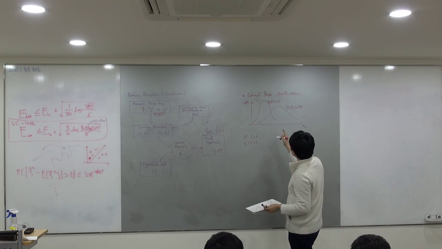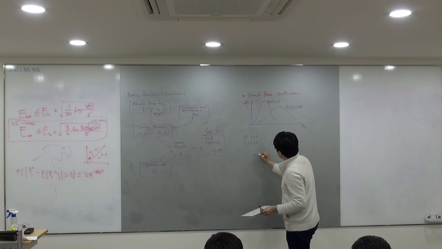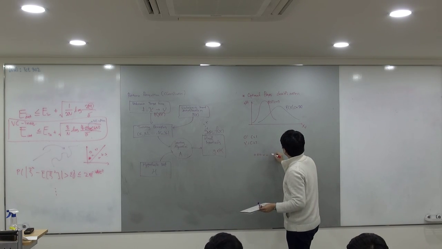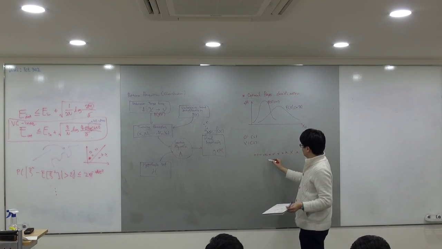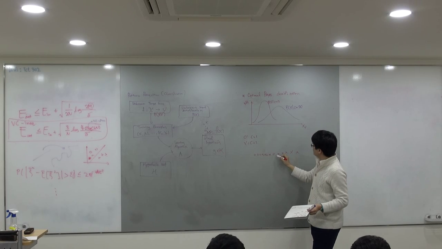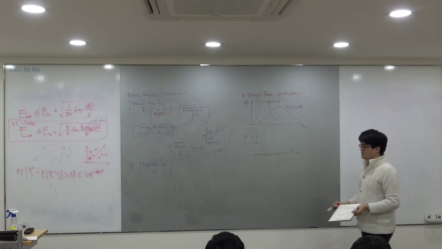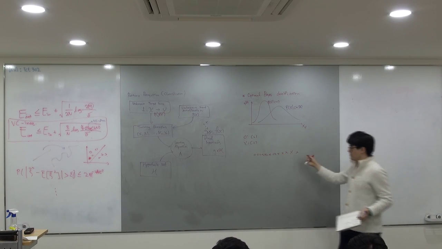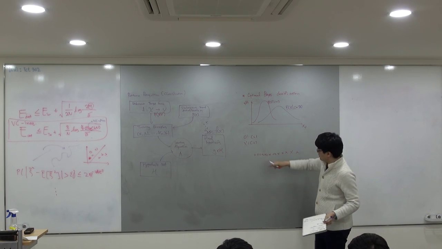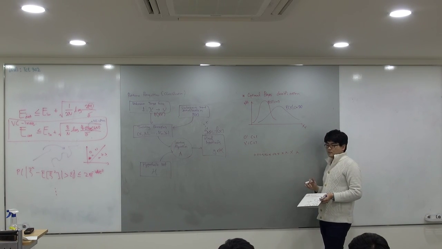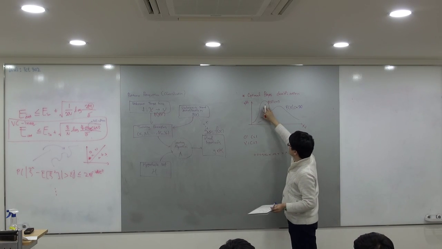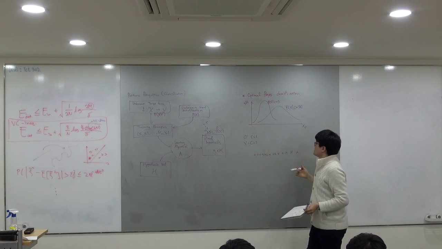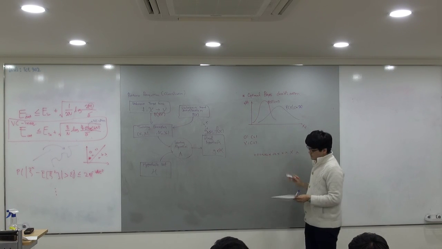Then you have this kind of training examples, you get the idea. If you present this in terms of probability density, you'll have this kind of figure.